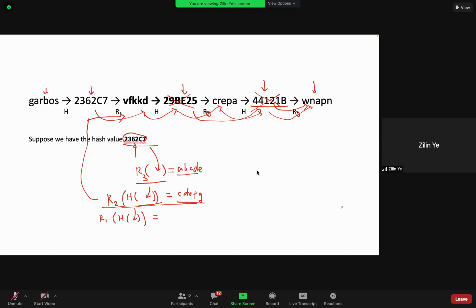I'm just going to keep doing it until I have something that is a match. And this will definitely give me WNAPN for sure. And now I know, is WNAPN occurring on any of the head and tail? Yes, it does. So now I can identify, wow, my hash value is on this chain. And now I can start reconstructing the whole hash chain and get the result of this value, which is garbles.